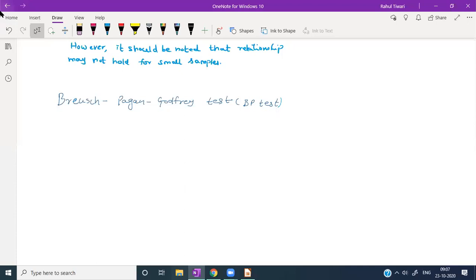There are some basic assumptions. Before applying ANOVA, we must check whether the variance is the same or not. Analysis of variance means you are interested in the variance part. You assume the variances are the same and compare their means. So for that purpose we need to check for heteroscedasticity, and also in MLR.